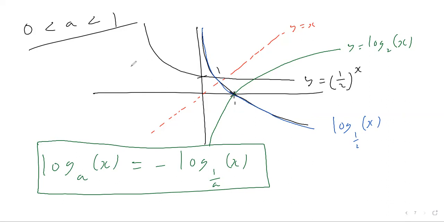For example, if you've got log base 3, then the negative of that is the same as log base 1 over 3, because they are reflections over the x-axis, the y equals 0 line.